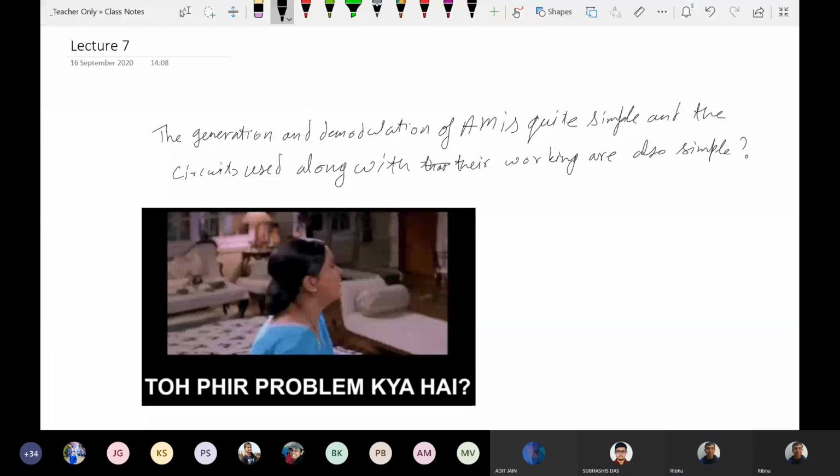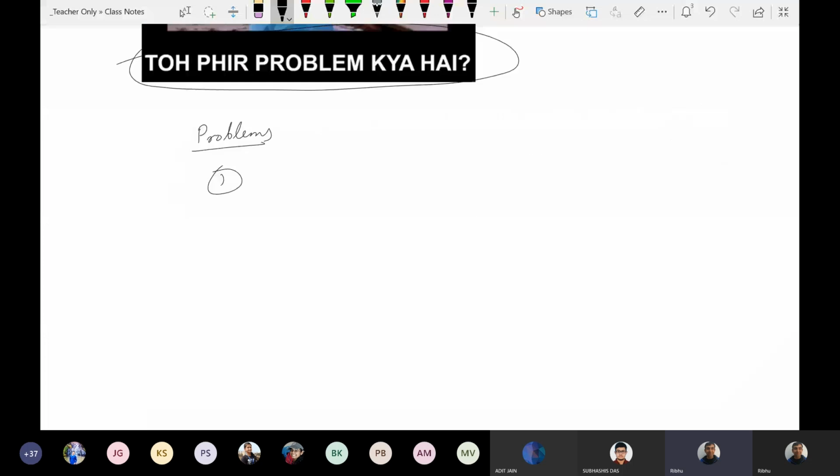One, DSB suppressed carrier modulation. Yes. So let's consider, to illustrate the problems, the simple case.